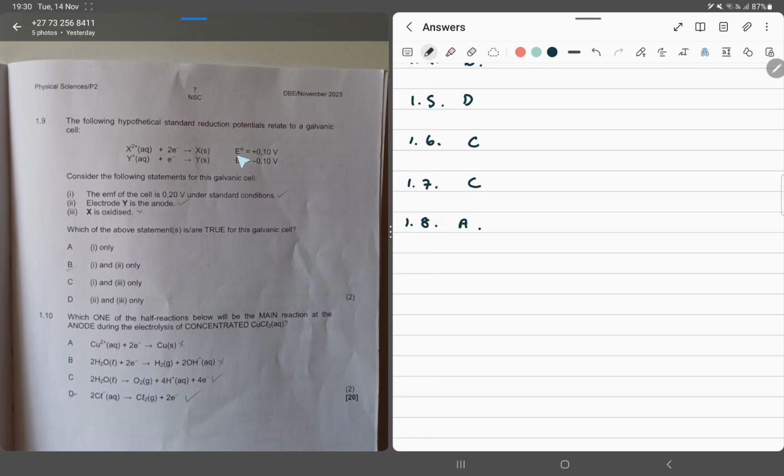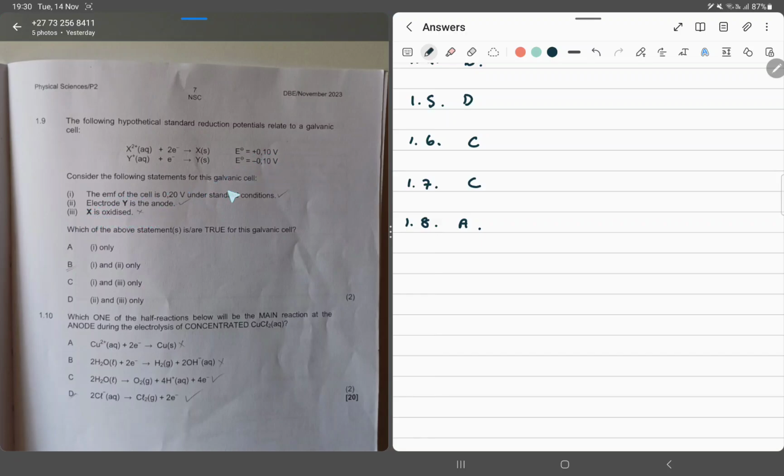Obviously, the E cell potential is the potential of the oxidizing agent minus that of the reducing agent. Essentially, this is 0.10 minus negative 0.10, and that means these two will end up adding together to 0.20, so that's correct. The electrode Y is the anode, most likely because of its negative reduction potential.